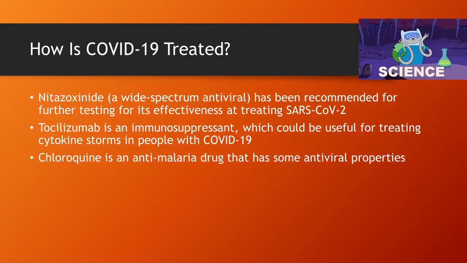It has been shown in the past to have antiviral properties, interfering with its ability to replicate its RNA. But the tests for how it will be effective against coronavirus are still ongoing. So we still don't really know for sure.